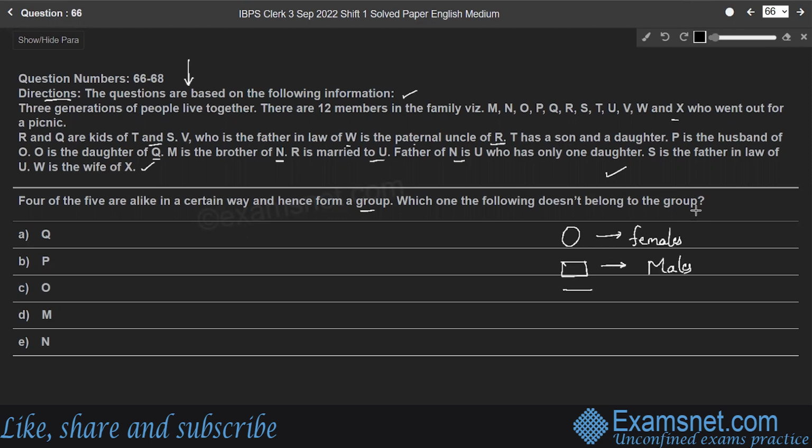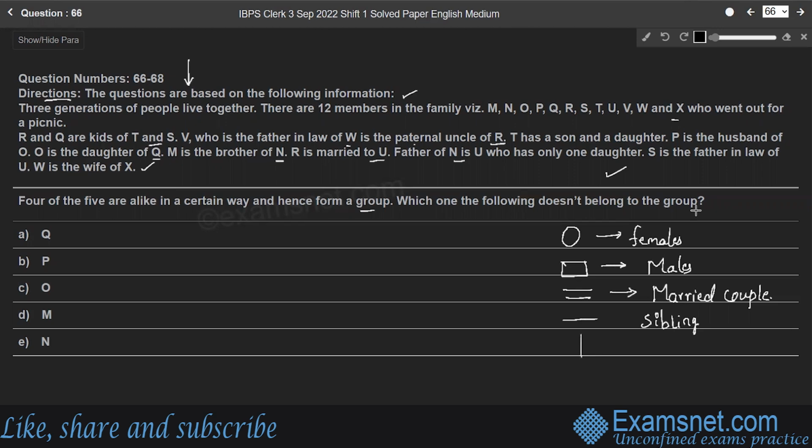Parallel horizontal lines represent a married couple, and a single horizontal line represents siblings.